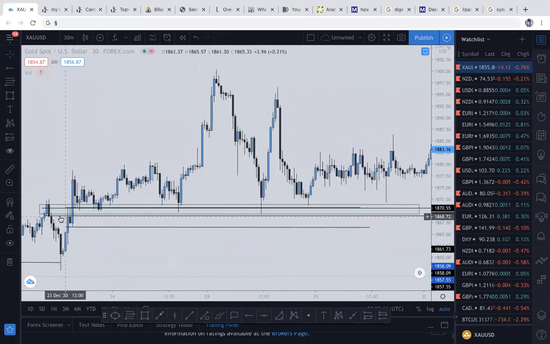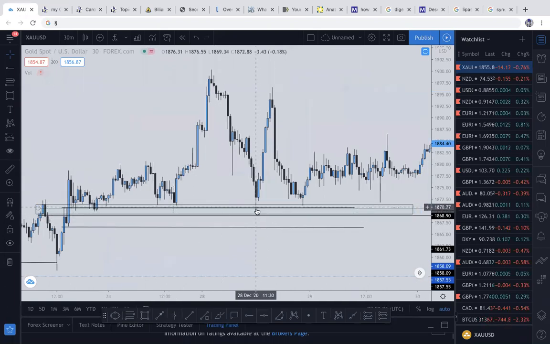Look at that, keeping the entry price at the 50% and your stop loss below the institutional candlestick. Look at how good that was. Hit the entry and boom, left.